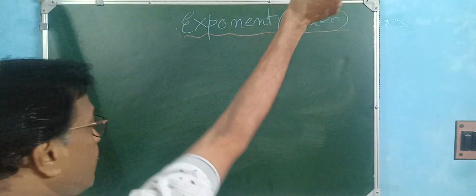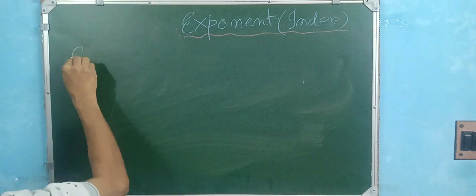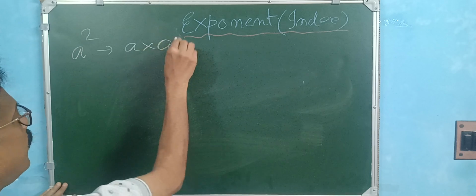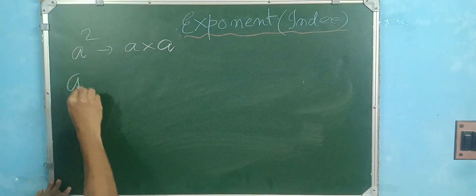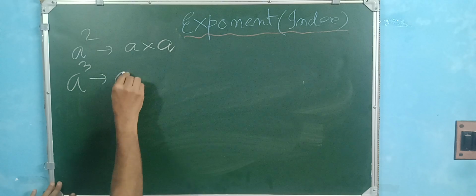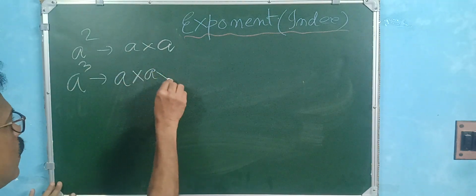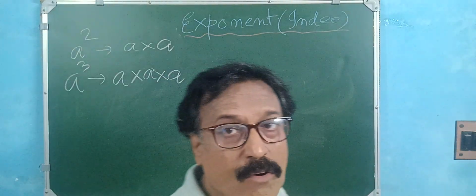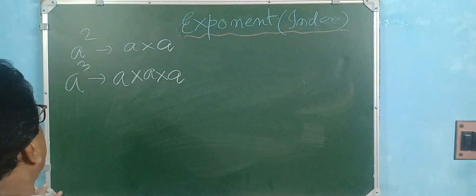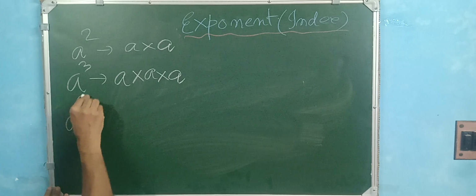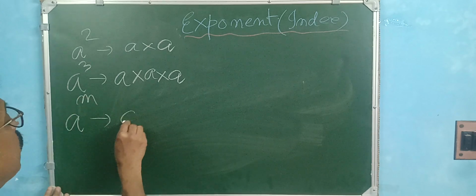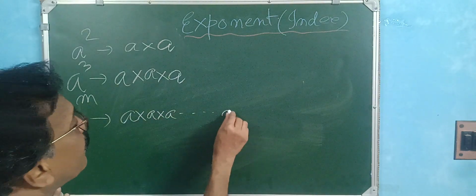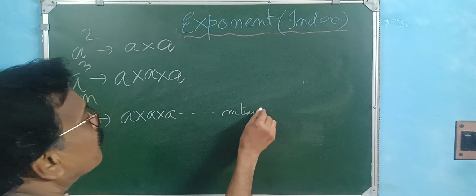Now suppose in algebra, a square. A square means a into a. A cube means a into a into a. Or a to the power m, that means a is multiplied m times: a into a, dot dot dot, m times you write.